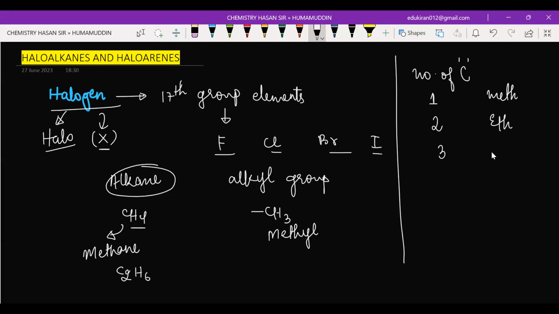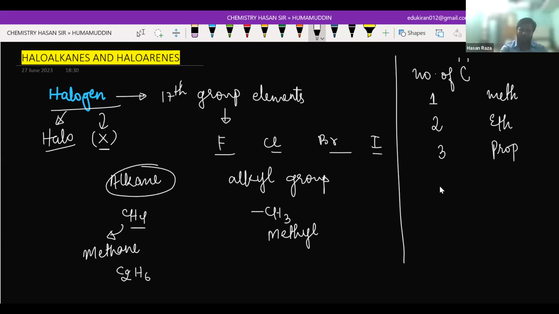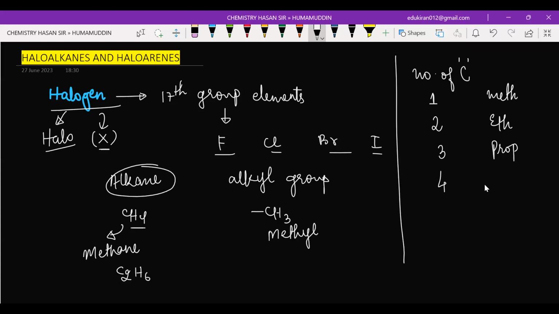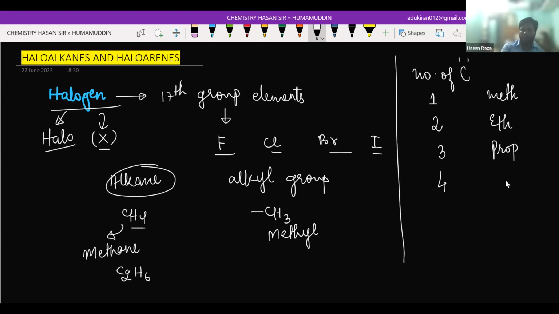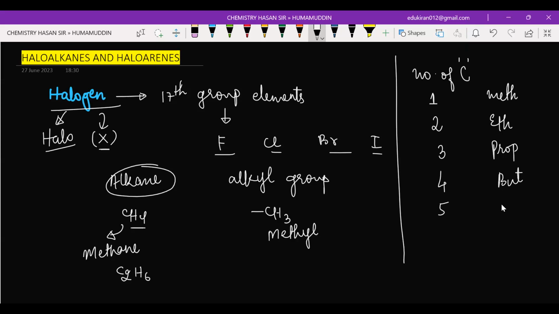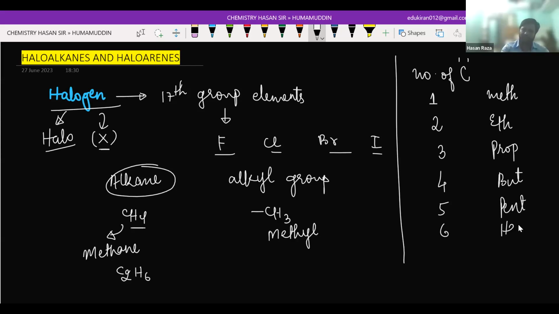Prop. Number of carbon 4? Humam, this question is for you. Not butane; I'm asking only about the number of carbons. So you write but. For 5, it is pent, and for 6, it is hex.